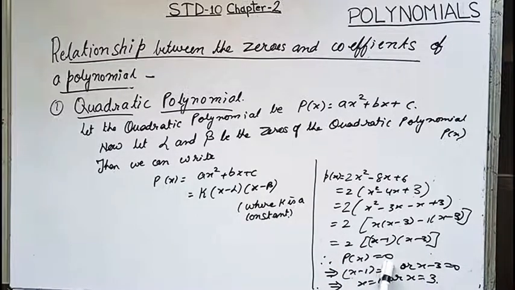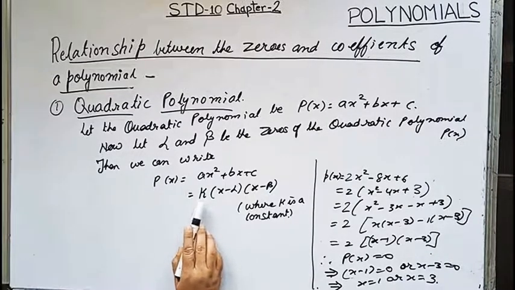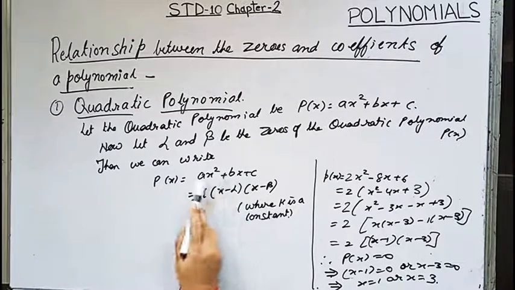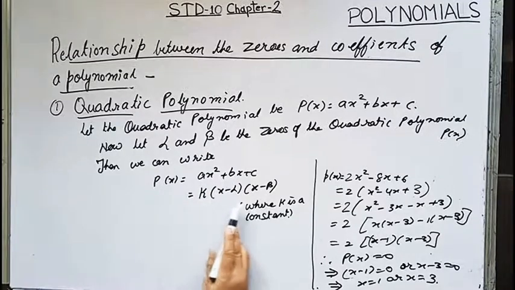Therefore, when p(x) equals 0, x minus 1 equals 0 or x minus 3 equals 0, which implies x equals 1 or x equals 3. That is, 1 and 3 are the zeros of this quadratic polynomial. So k has to be written whenever you write the expression in terms of the factors x minus alpha and x minus beta.